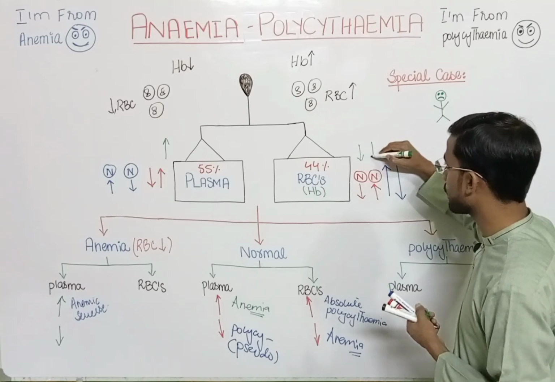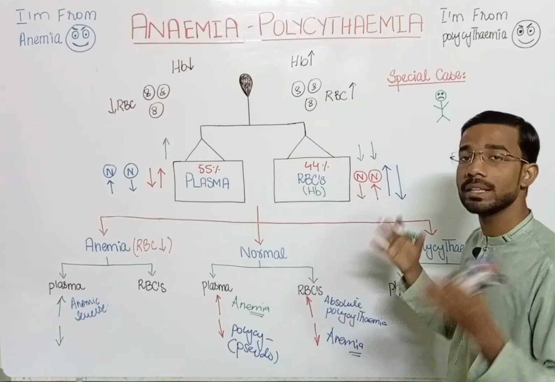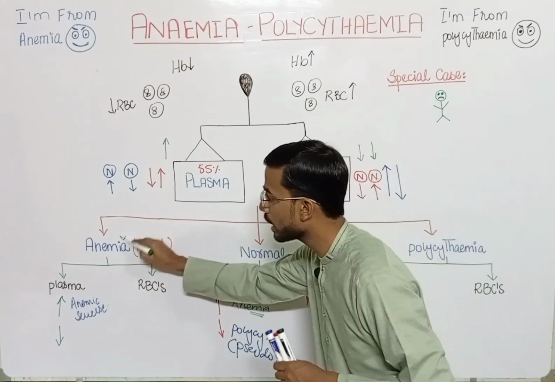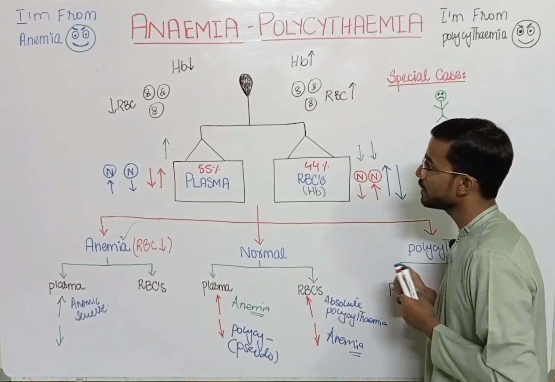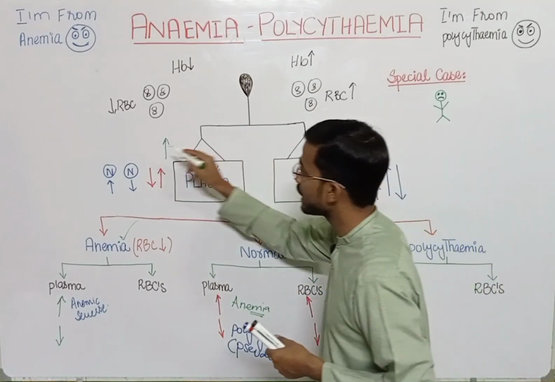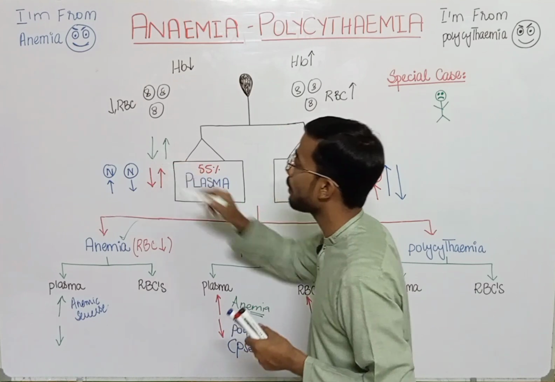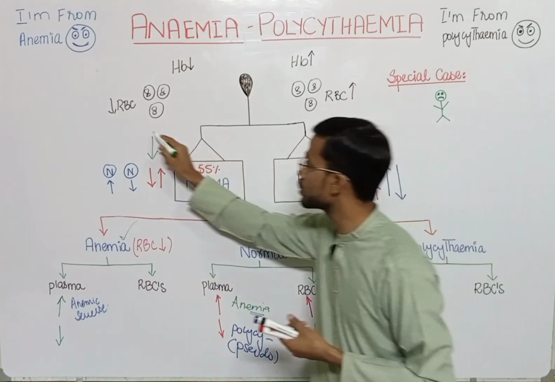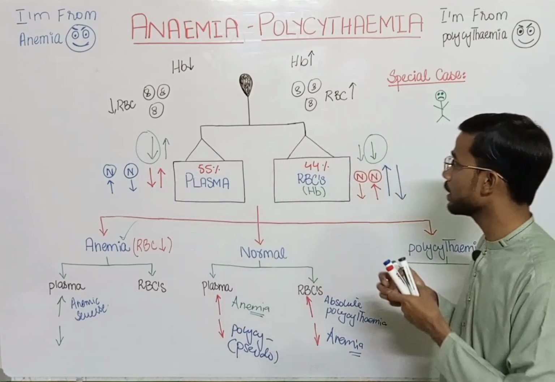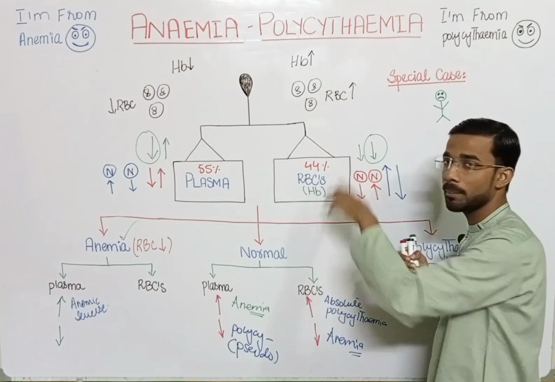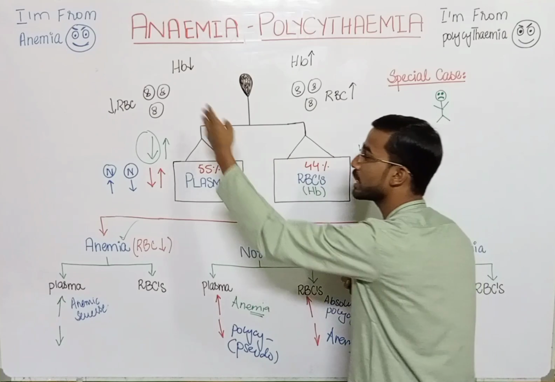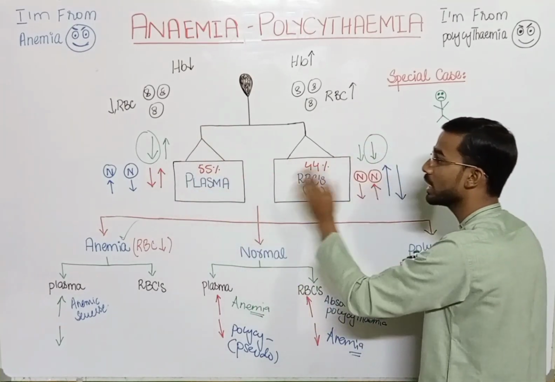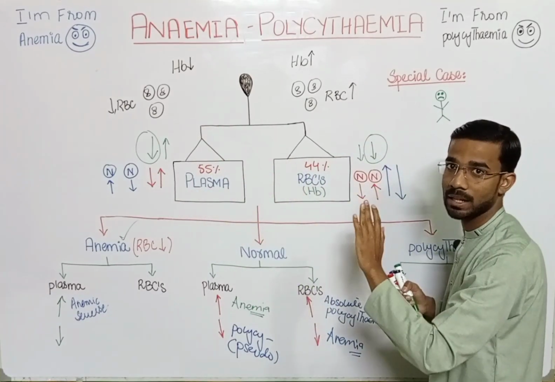Actually we know that the RBCs are decreased in number in anemia. We are talking about an anemic patient. So when we decrease the amount of the plasma, what will happen? Here are basically two similar situations in which the RBC number decreases and we also decrease the plasma, so there should be a balance.